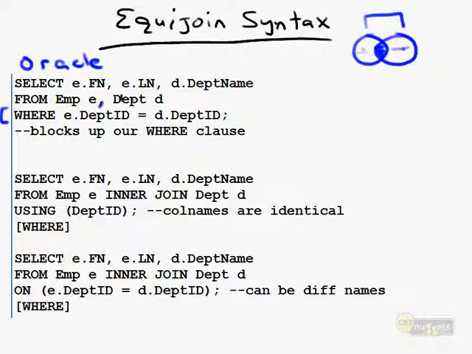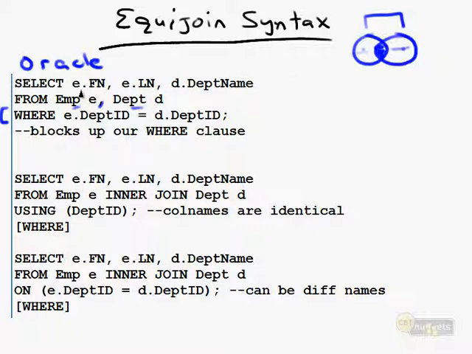Otherwise, if we weren't using aliasing, our select statement would read select emp.fn, emp.ln, dept.department name. And you think, well, I've already chosen pretty compact table names here, but some table names are pretty honkin' large and make readability an issue.